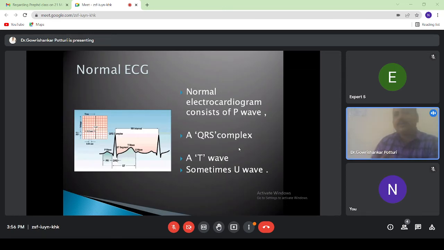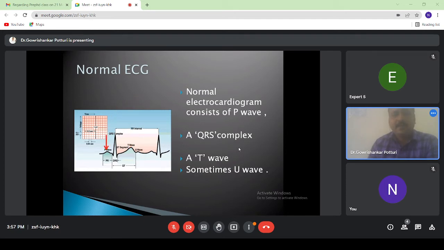Now, what is a normal ECG? Coming to the normal ECG, a normal electrocardiogram consists of a P wave, a QRS complex, a T wave, and sometimes a U wave will be appearing.